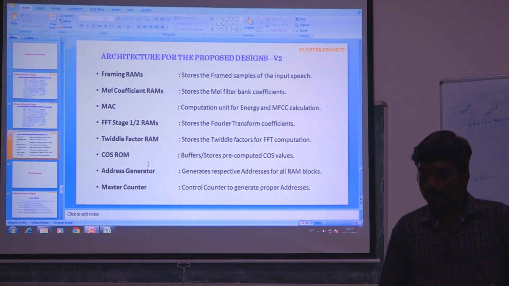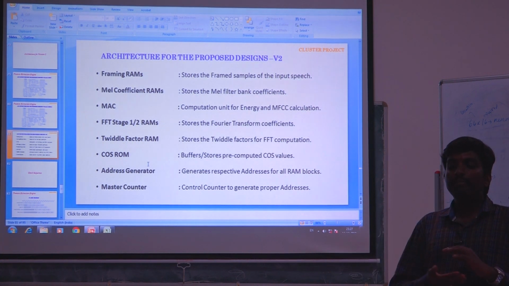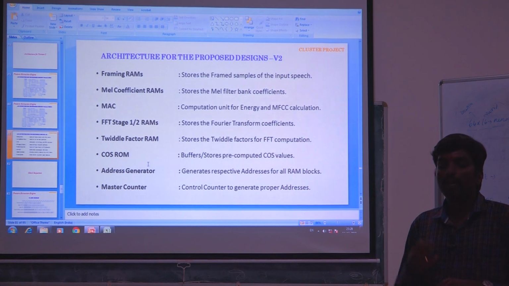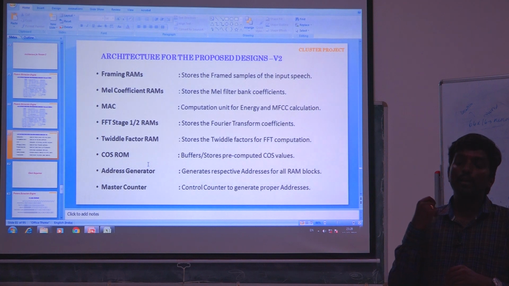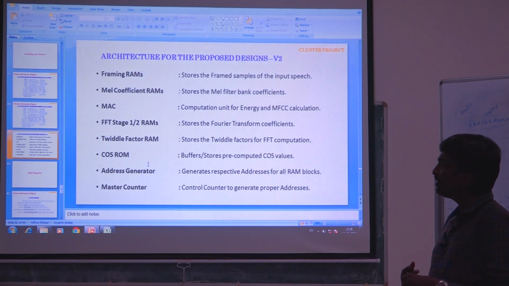So what are the namings? The framing RAMs store the framed samples with respect to the window, and the MEL coefficient RAMs store the non-zero MEL filter bank coefficients. The MAC is for the energy computation and also for the feature vector computation.